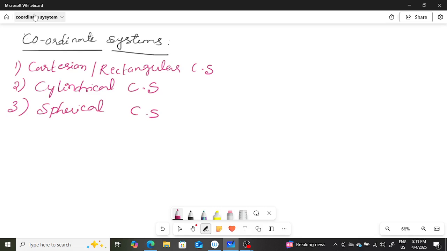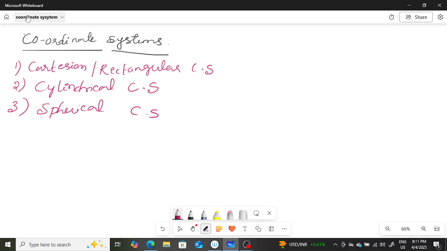Coordinate systems is not something I can cover in one or two lectures. It is a vast area, but I am restricting myself to what is needed for your studies, because I don't want you to get confused with all the things. What I am going to touch upon here is sufficient.